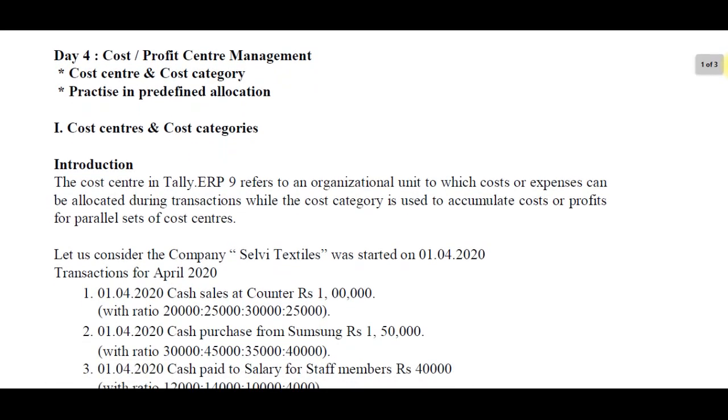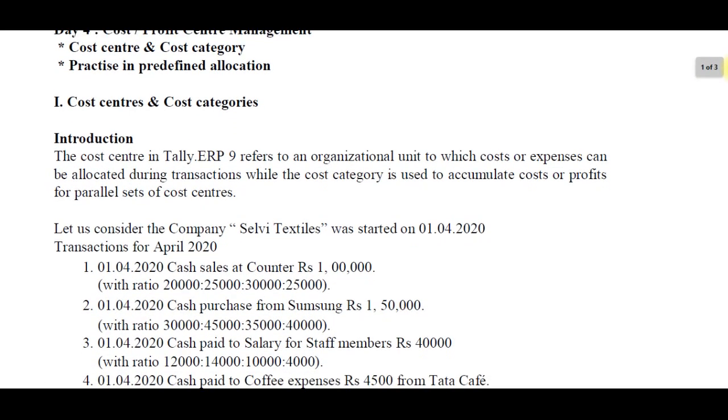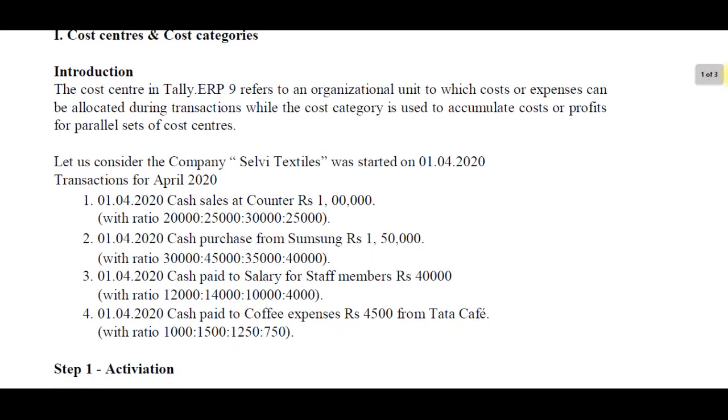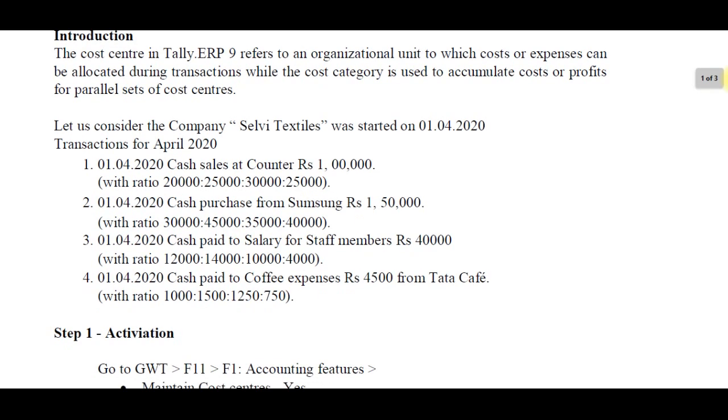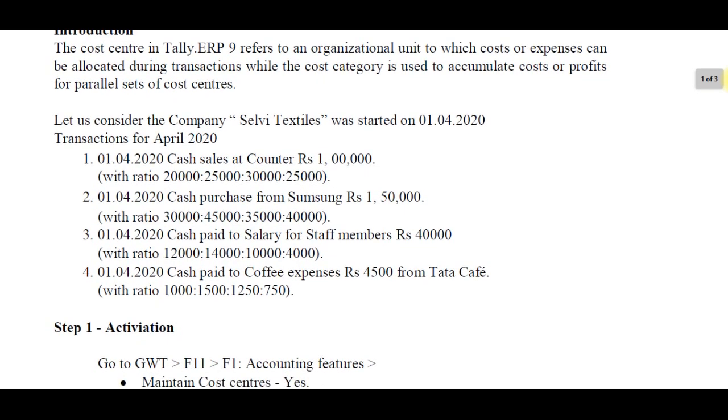First of all, for cost center and cost category, we talked about the introduction, and we created the Selvi Textiles company with the start date 1/4/2020, and I gave the transactions for April 2020. The first transaction is sales of 1 lakh with a ratio of 20,000, 25,000, 30,000 and 25,000. Again 1/4/2020, cash purchase from Samsung.